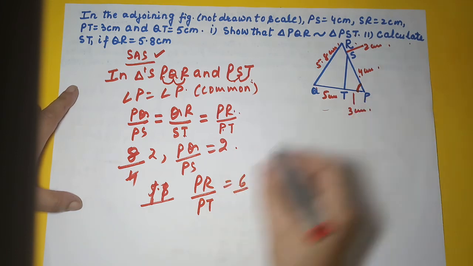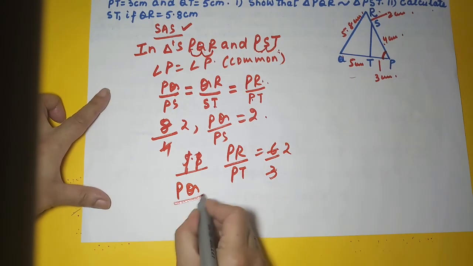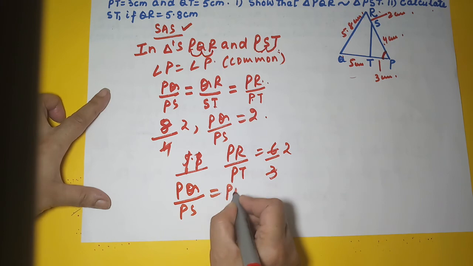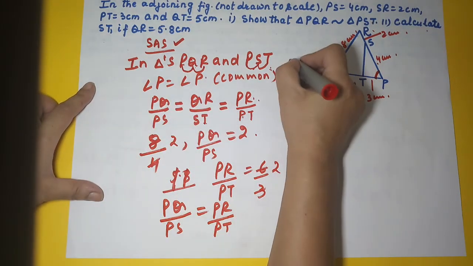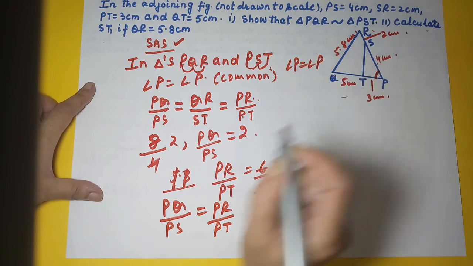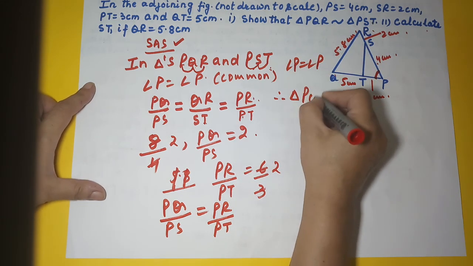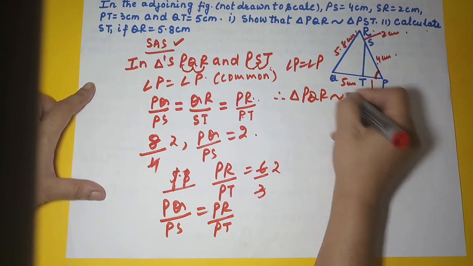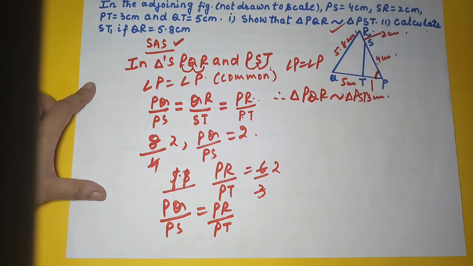And what is my PT? 3. So 3 twos are 6. I got PQ upon PS equal to PR upon PT, and I have also got this angle P equal to angle P. Therefore, I can say that triangle PQR is similar to triangle PST. That's what he wanted me to do, right?